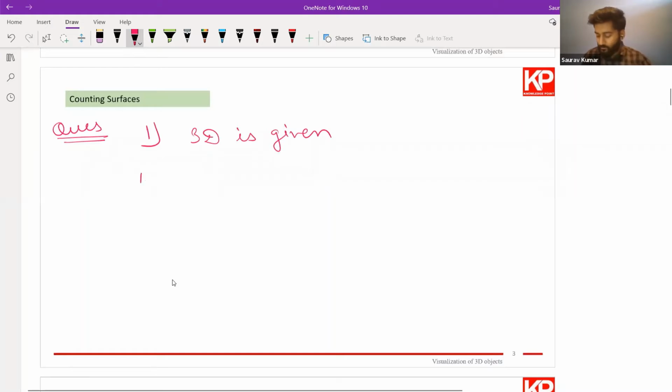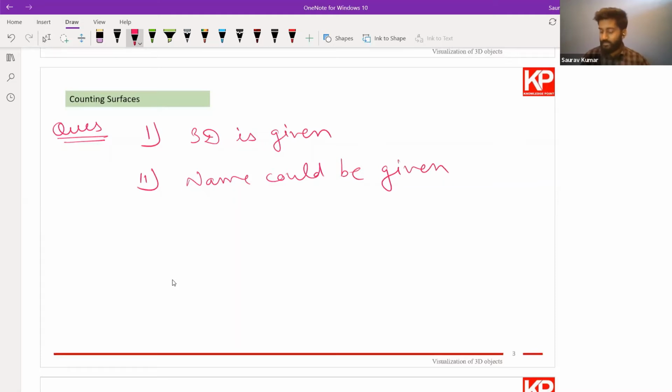The second option could be, like I just explained, that the name is given. Name means they can simply say tetrahedron. They will say, tell us the number of surfaces in a tetrahedron. So you should know what a tetrahedron is. Only then would you be able to answer it correctly.